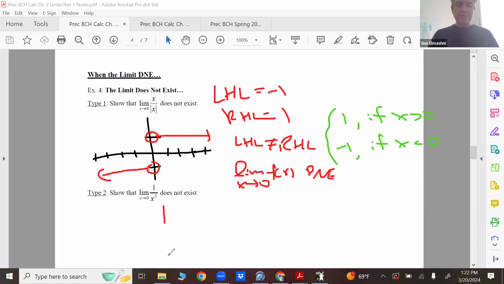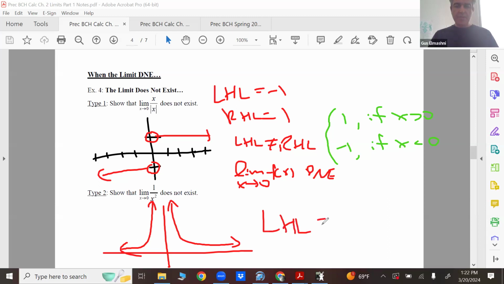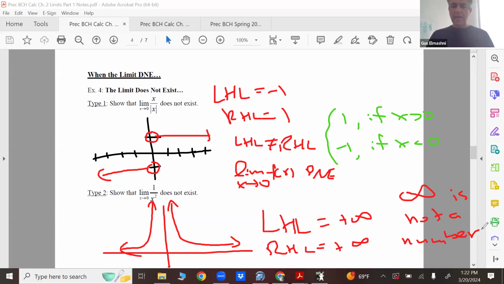Here's another one. A graph that looks like this, right? So the left-hand limit is positive infinity. Remember, infinity is not a number, right?